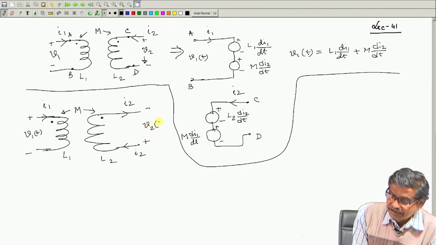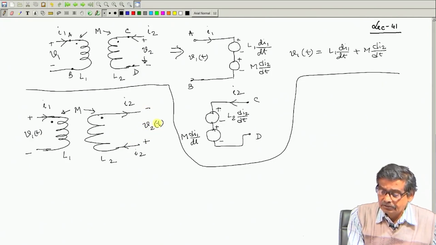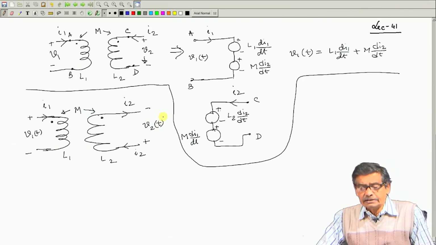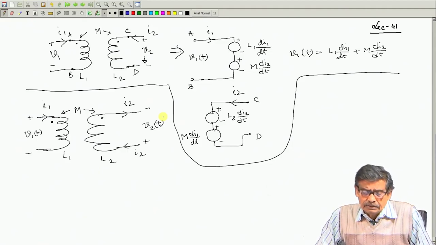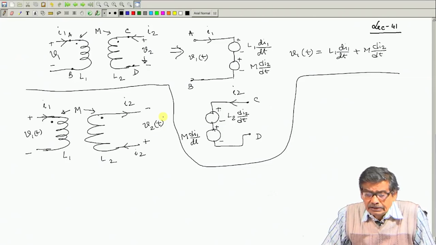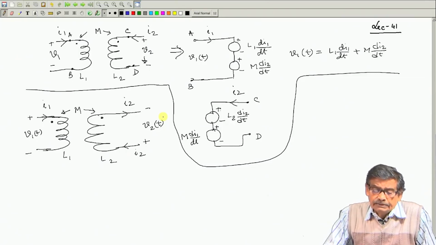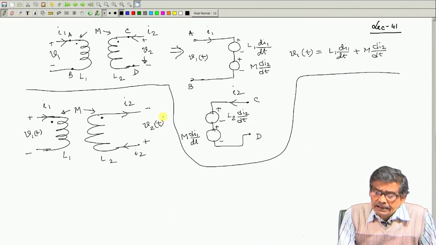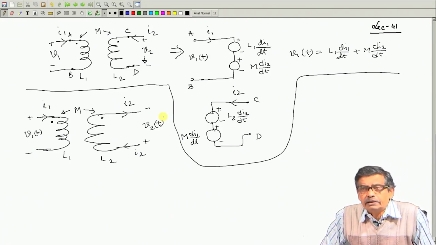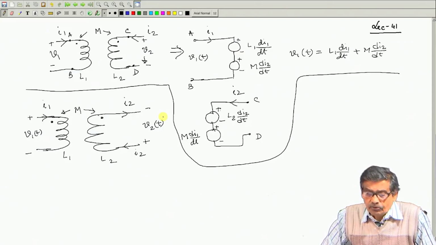Situations may be like this also, because I can assume current directions in any way. It is my choice, it can be this way or that way, but after I decide upon the current directions, I must be very consistent about the polarities of the voltages.